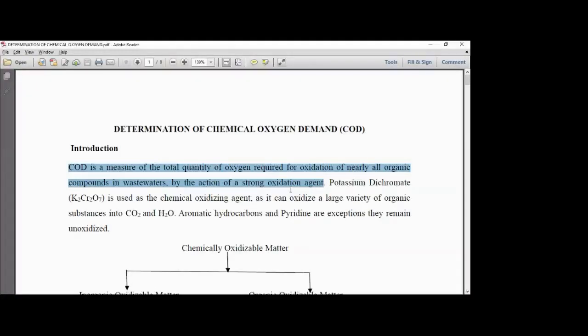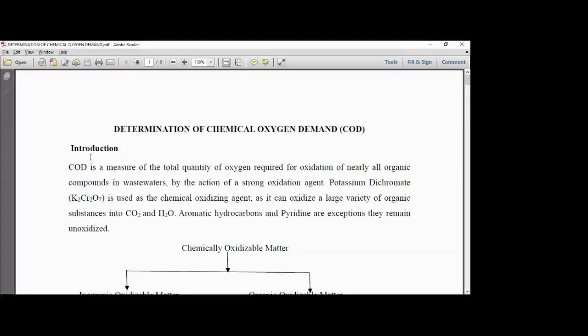Here we are not going to restrict ourselves to only the oxidation of organic matter. Here in COD, what we are going to deal with is oxidation of all oxidizable matter. So oxidation of organic as well as inorganic oxidizable matter is what we are going to consider in determination of chemical oxygen demand.